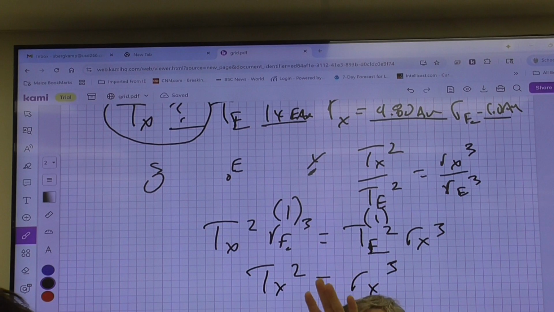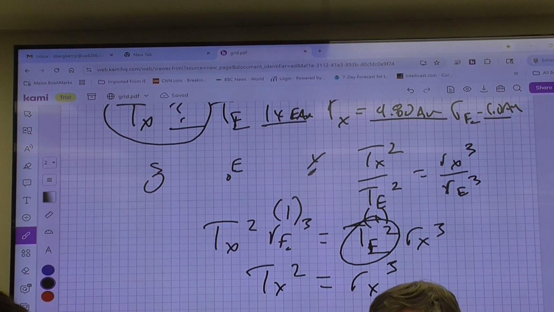Now, word of caution. Listen to me. That was a cool trick, but that only works if you let the other values have numeric values of 1. Okay? So like if you had let the period of the Earth be 365 days, this won't work.